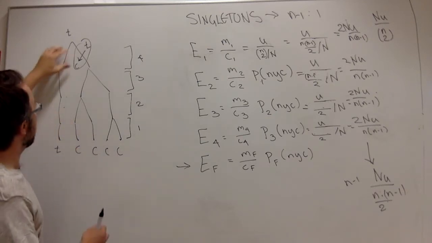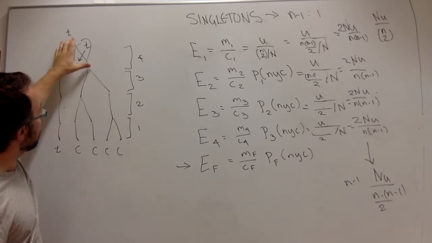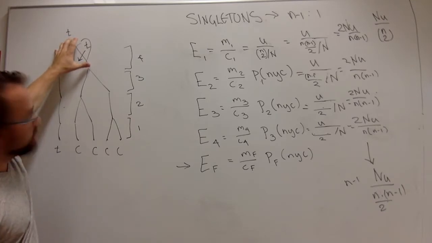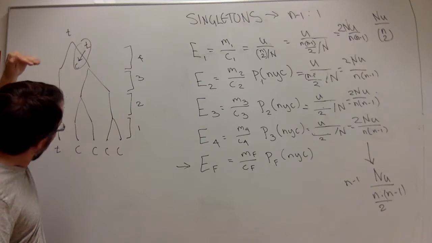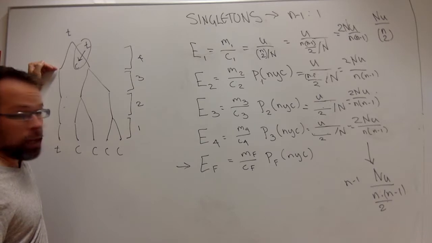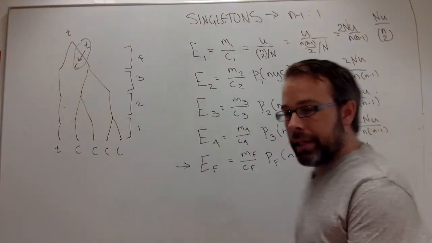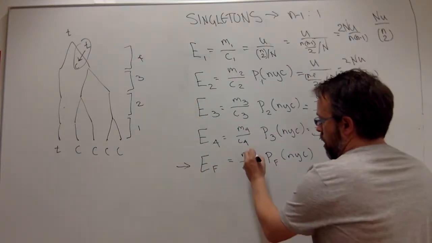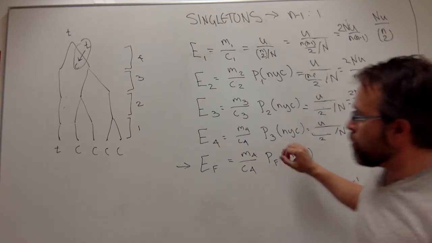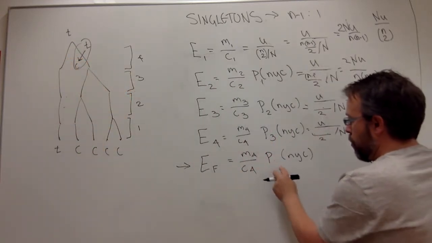Well, we can recognize actually that if coalescence has not occurred here, then this branch is the length, this branch is the number of mutations we expect to occur here, if coalescence has not been reached yet here. So this is the number of mutations that occur in a single lineage in the 4th branch, or M4, divided by the coalescent time, C4, times the probability that it is not yet coalesced here, which is actually just P sub 3 of n.